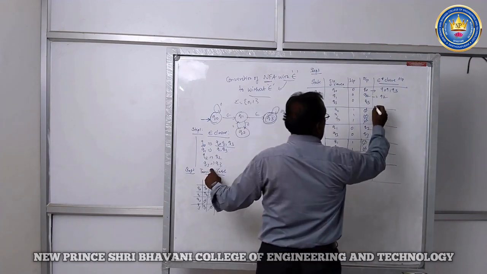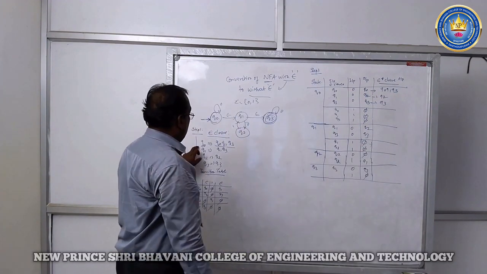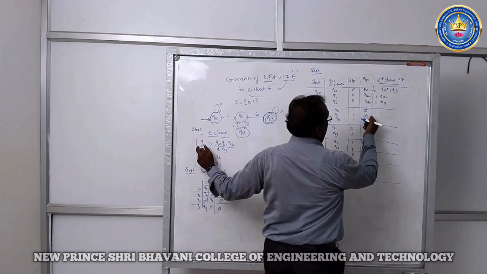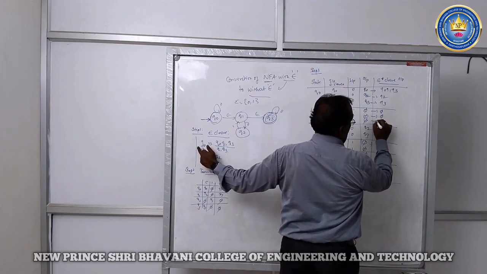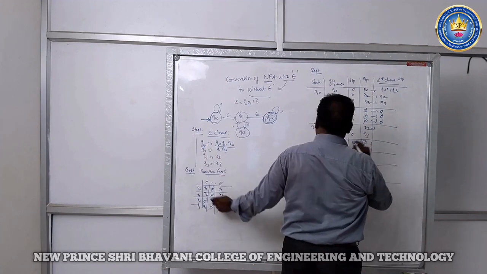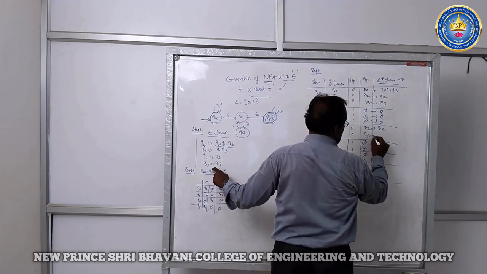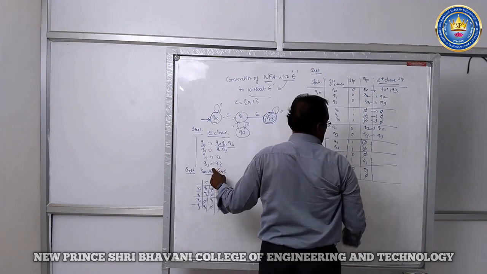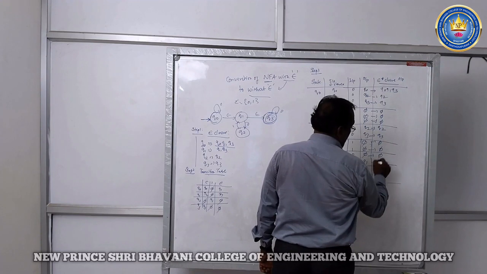And Q3 is Q3. And similarly for Q0 of 1 it is phi. So phi means the same thing, phi. Q2 is Q2, and Q3 is Q3, epsilon closure output. And Q1 is phi. This is phi, and here is also phi.